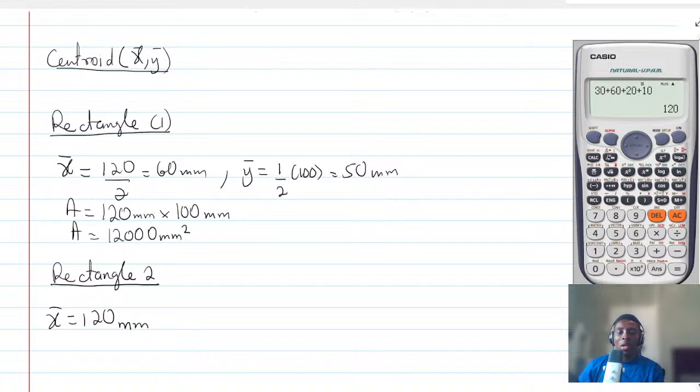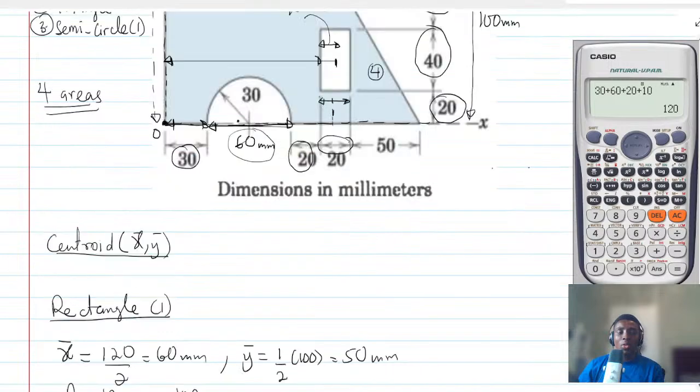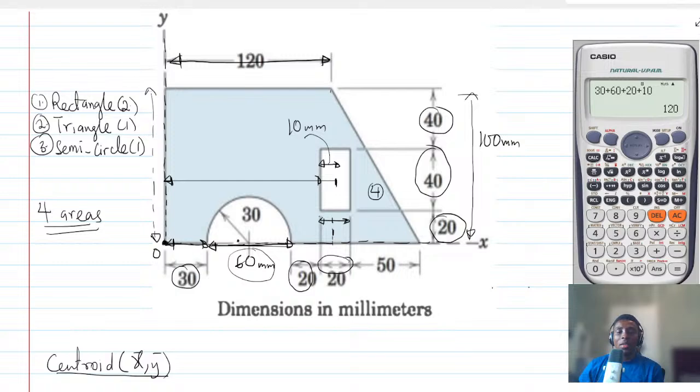And then who can help us with the y bar? With the y bar, look at the center of this small rectangle. The distance from here to here is 20, and half of 40 is going to be 20, right?